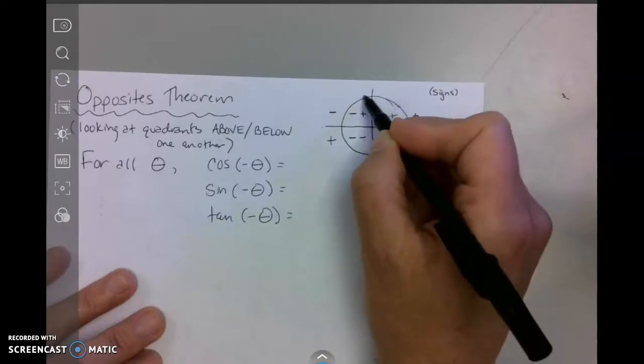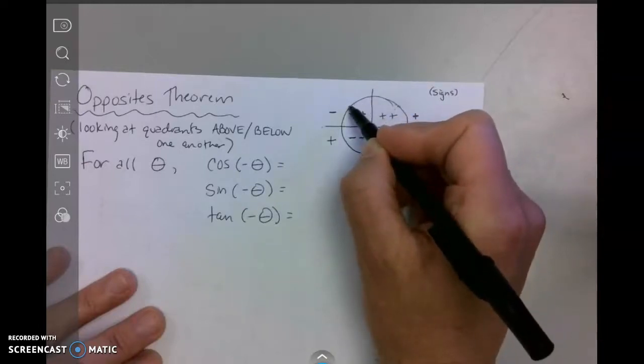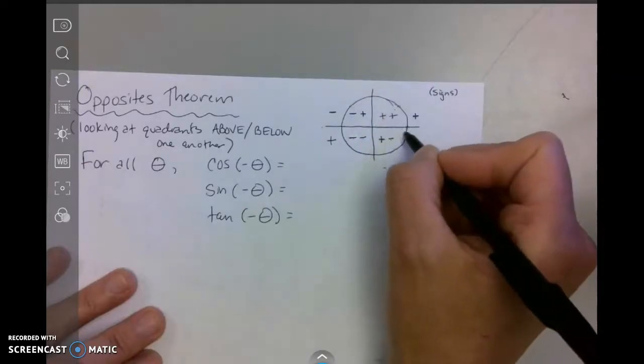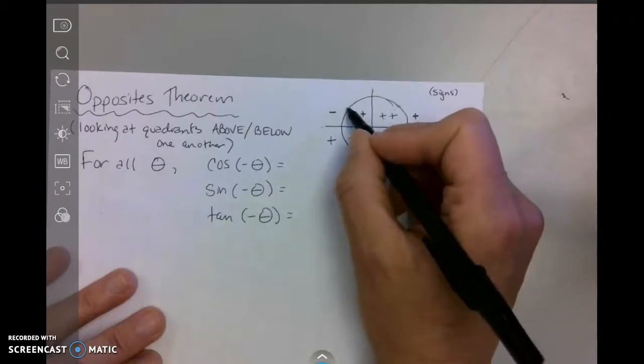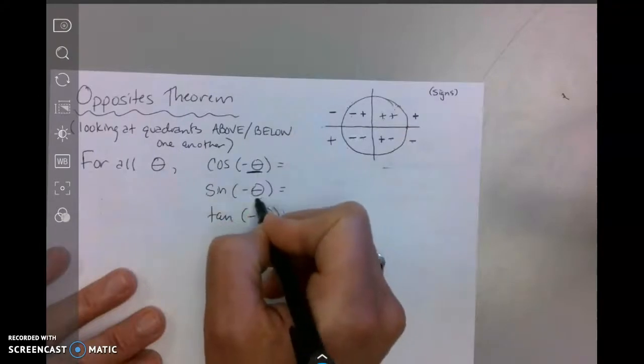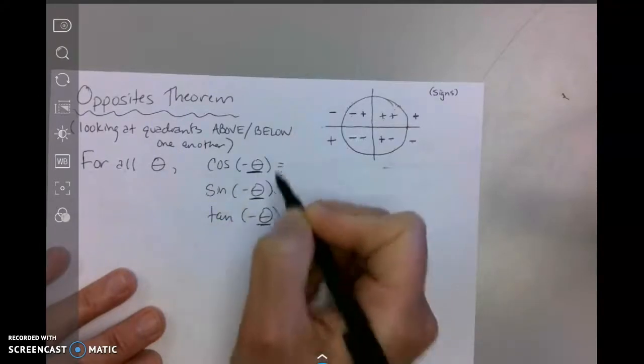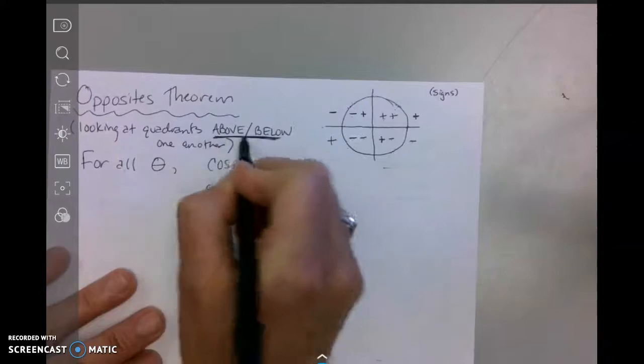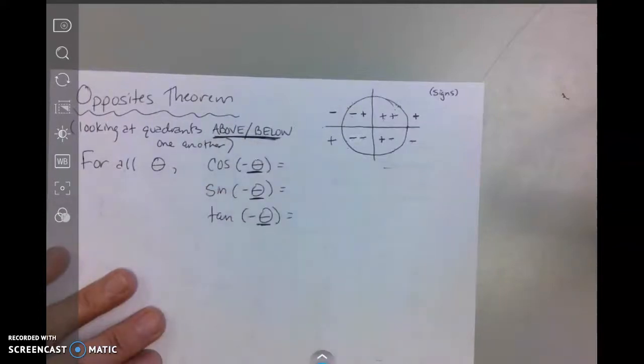If we traveled over here to the second quadrant, if we traveled the same distance the other direction, we'd end up here, above and below one another. So when we are looking at opposite of theta, we're looking at quadrants above and below.